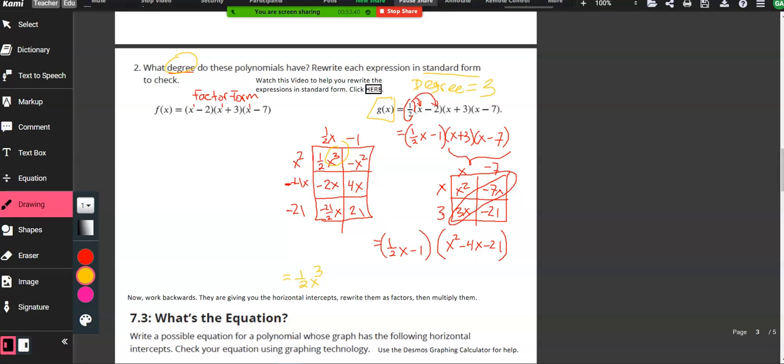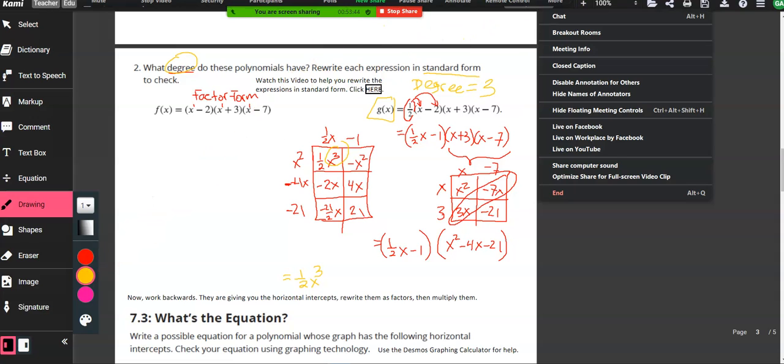Oh, I missed something here. I missed a power of 2 right here because negative 4x times 1/2 x times x is x squared. So then I could combine these right here. That would be negative 3x squared. Then right here you have negative 21 over 2.